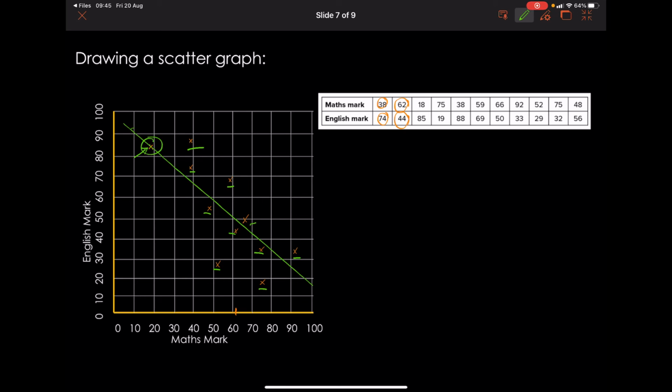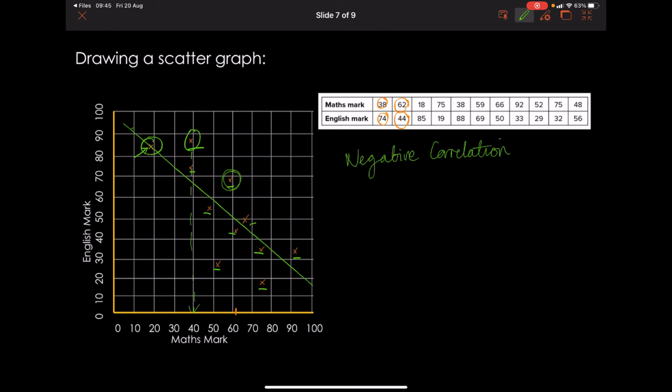And I can actually see there that we have a negative correlation, which does usually happen with English and maths actually. You know, if you're better at one, you're not as good at the other. All right. So, however, there is a student here who's quite good at English. He only got 40-ish, well, I think it was 38, wasn't it, in the maths. This one here is not too bad.